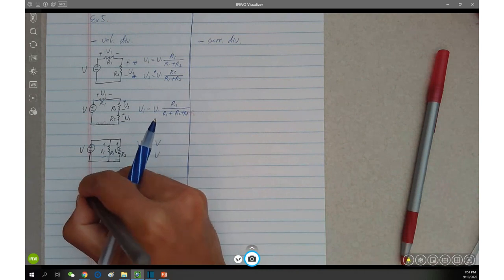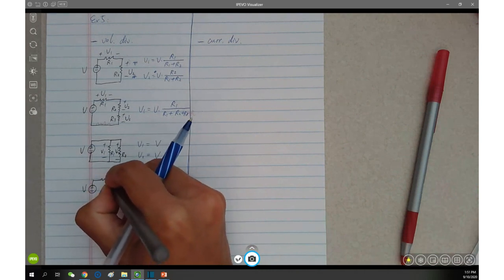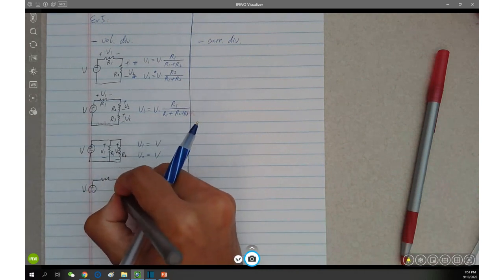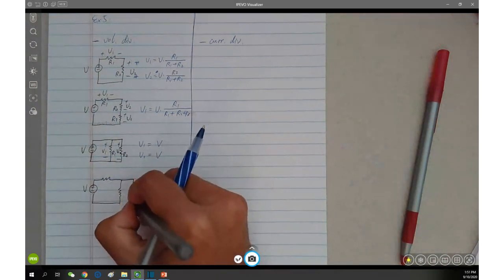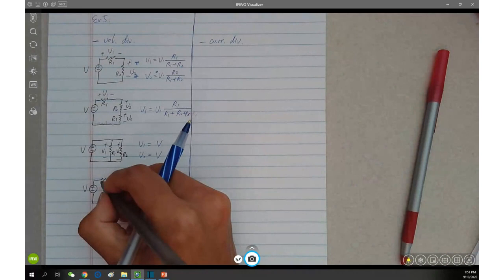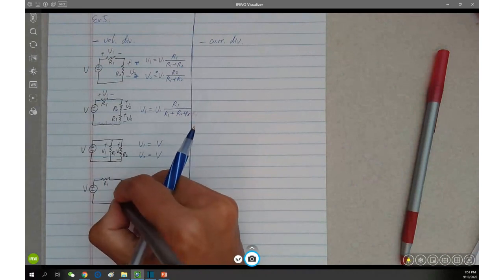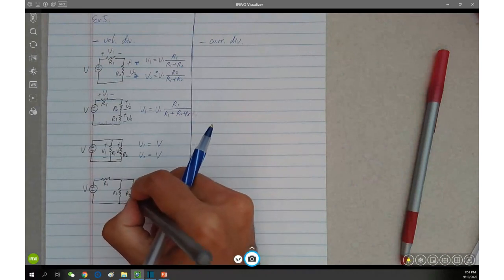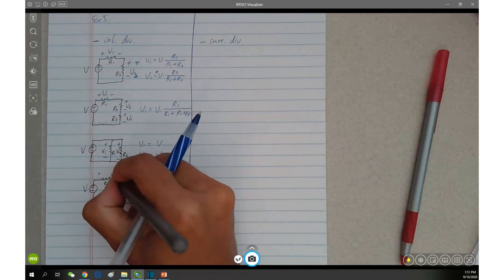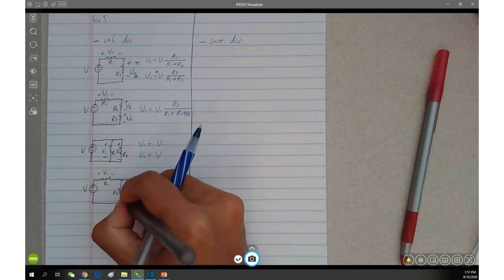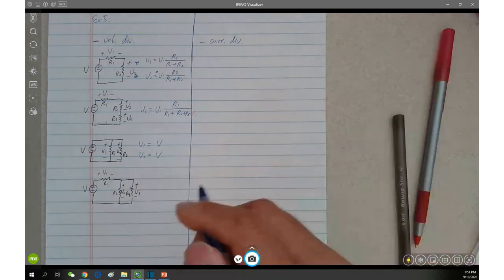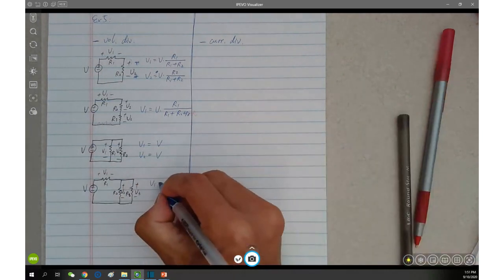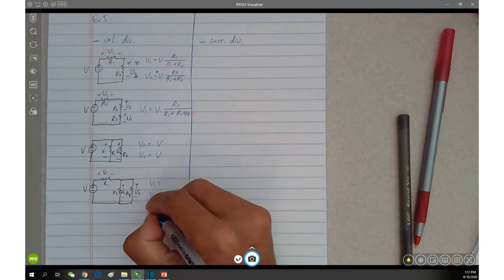How about this case then? And now, V1 equals to what? V2 equals to what? And V3 equals to what?